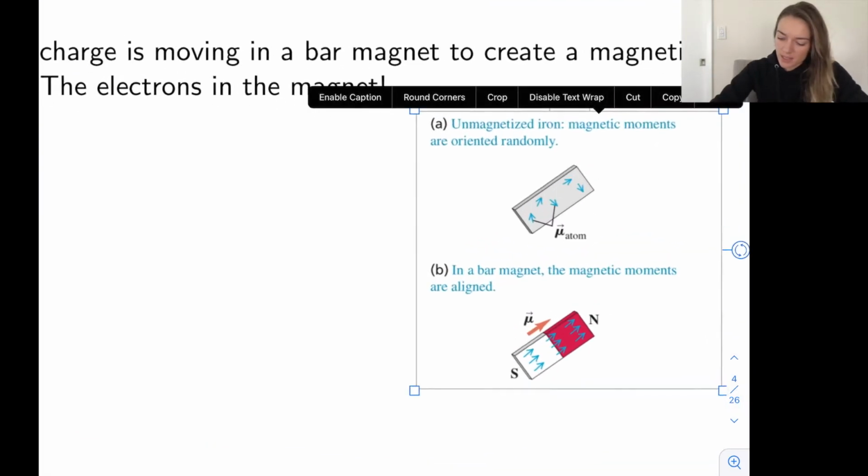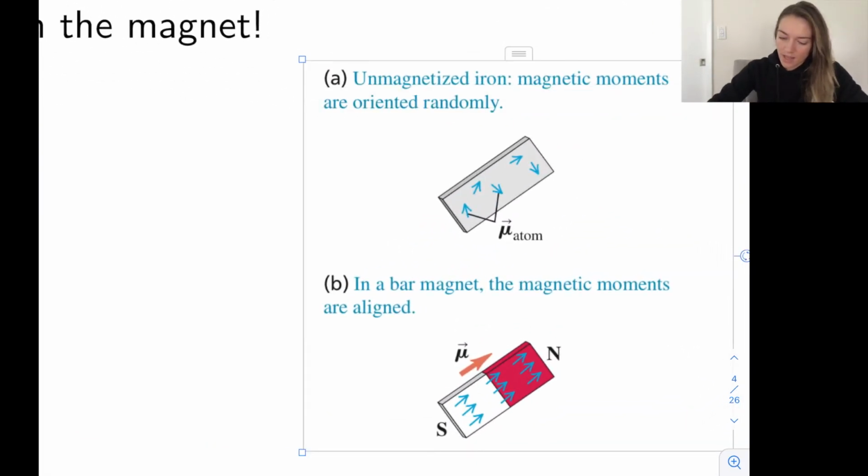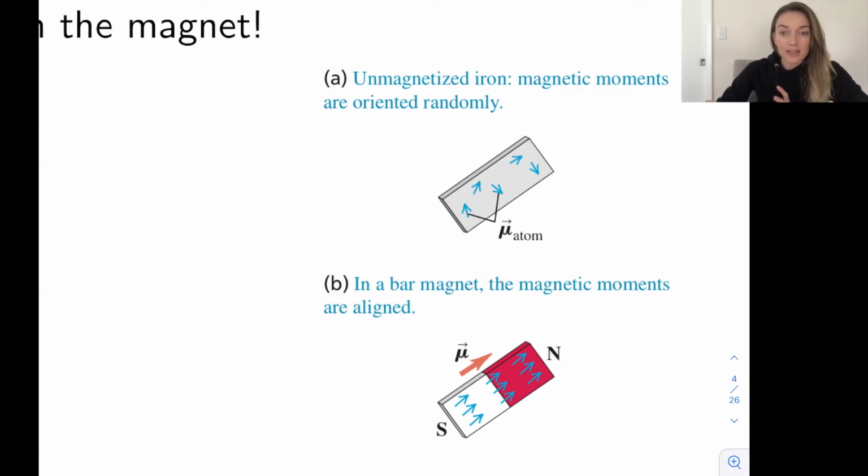As you can see here, if we have just a piece of iron, each molecule of iron has electrons around it, and those electrons are spinning, and that creates a magnetic dipole moment for the electron.